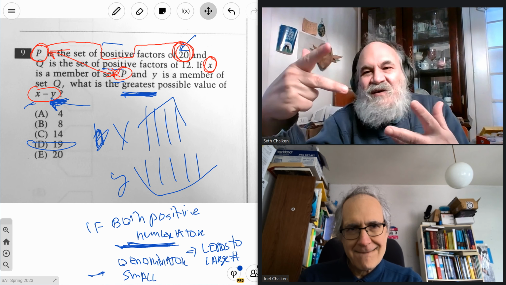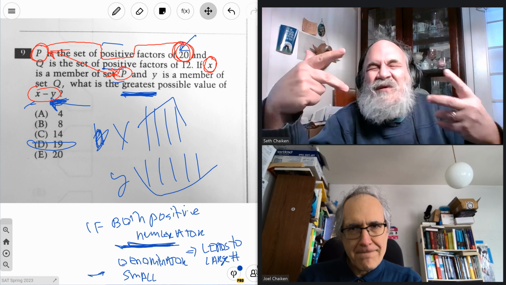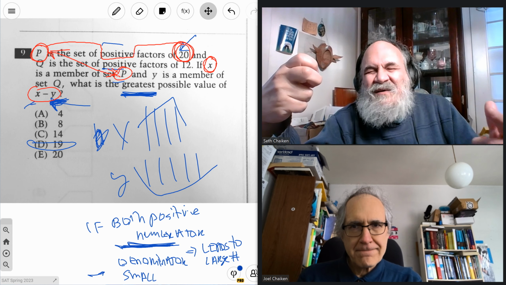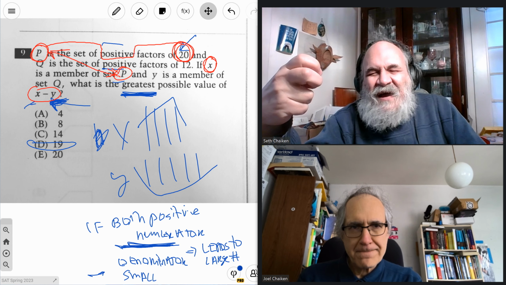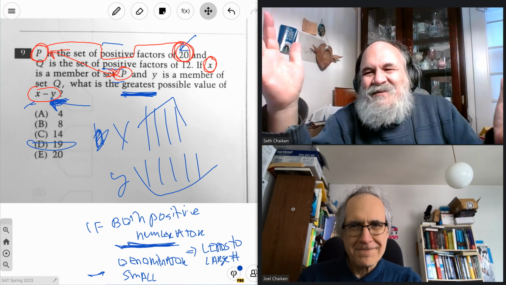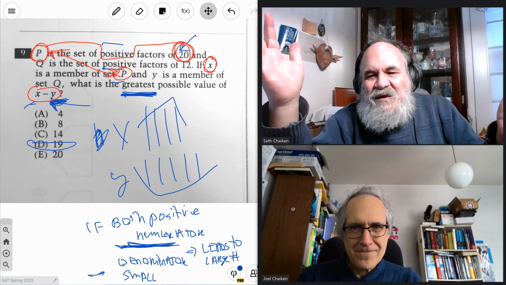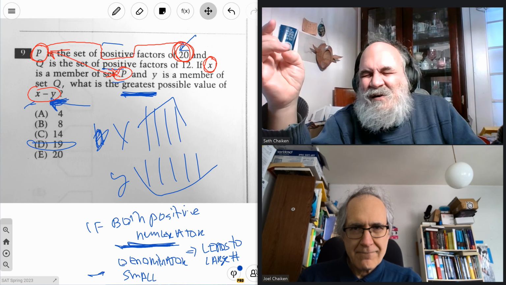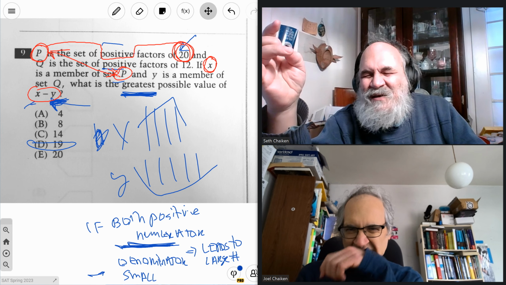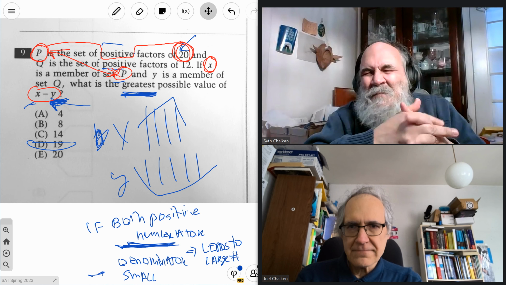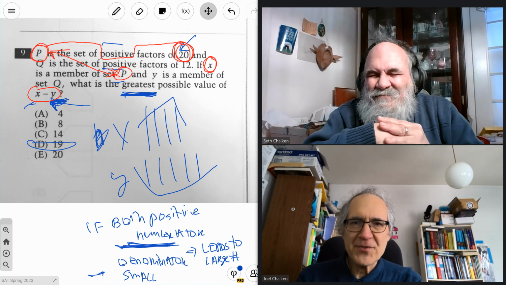So the two parts of the test: one is solving that problem about X and Y. And the first is figuring out that this problem with the P's and the sets and the Q's and all that set stuff is really the problem about picking X and Y, so X is a factor of 20 and Y is a factor of 12, and you want to maximize X minus Y. Right, so it's asked in sort of an obtuse way.